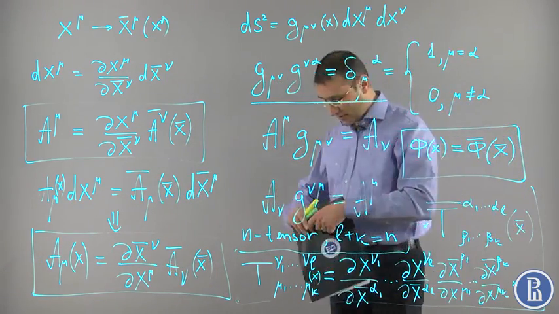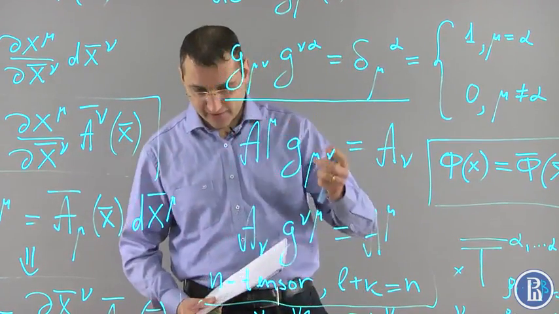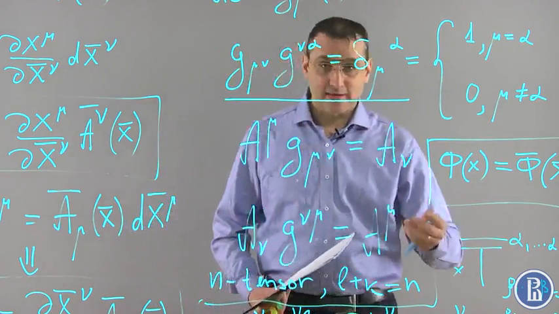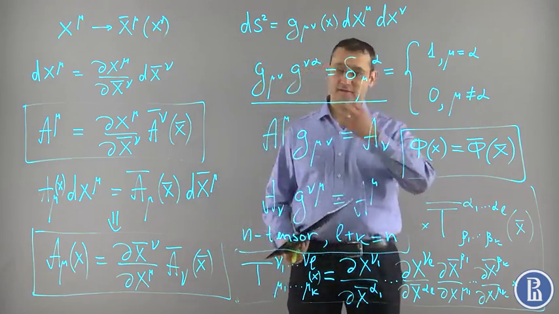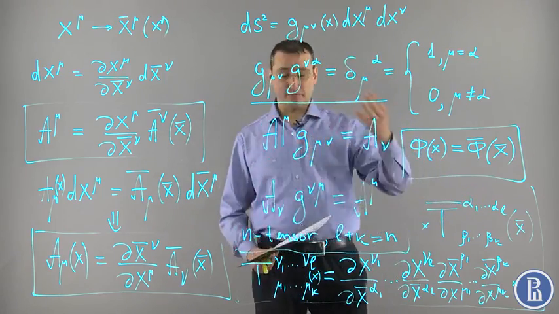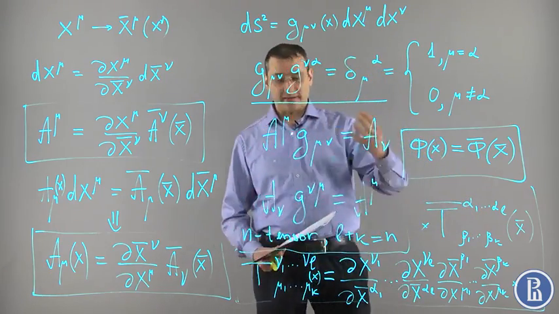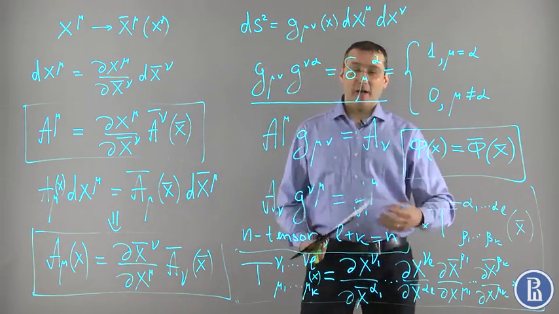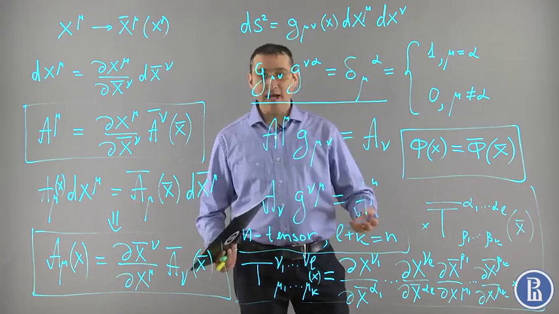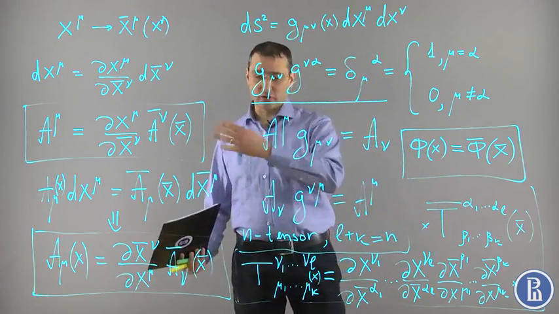Now, why does one need tensors? As I explained in the first lecture, we need to write laws of nature, I mean dynamical equations of motion describing the motion of particles, or describing the space-time changes of fields. We have to write them in a covariant fashion, so that the equations of motion do not depend on the coordinate system.